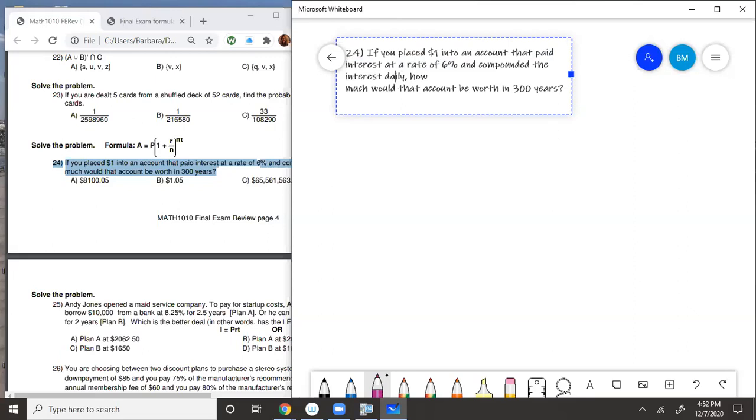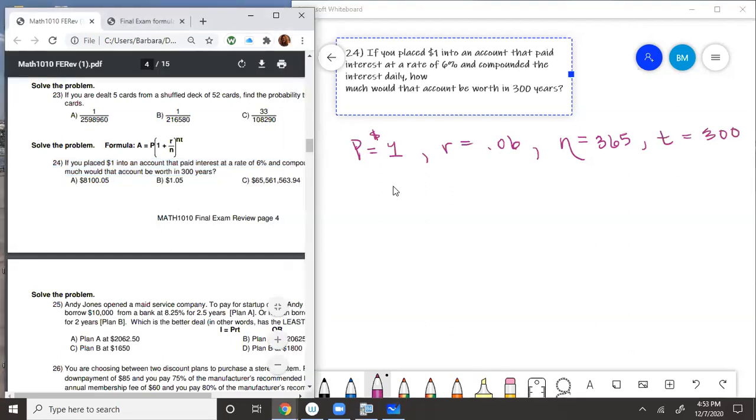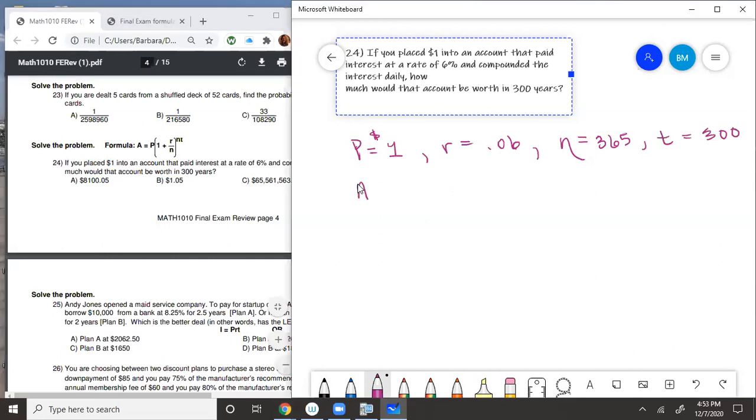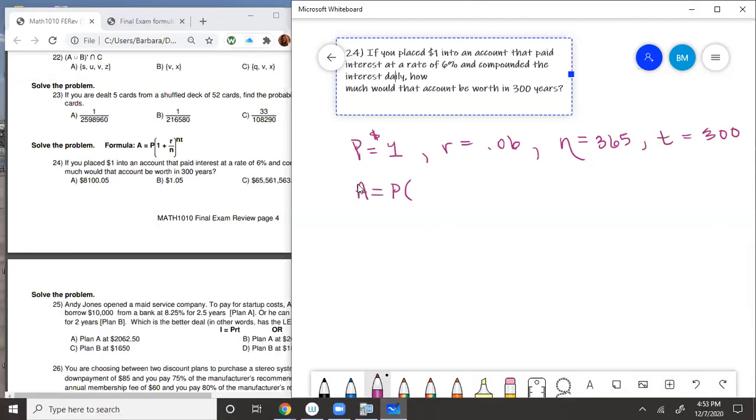All right, so the principal here is $1, right? The rate is equal to 0.06. And it's compounded daily, so the number of times it's compounded is 365. How much would that account be worth in 300 years? So time is 300, okay? So we're going to use the formula: amount is P times (1 plus r over n) to the nt.